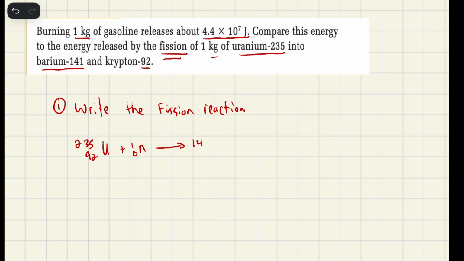And as a result, it produces barium-141 plus krypton-92. And remember that in a fission reaction, it's going to release 3 neutrons. So we put a coefficient of 3 in front of the neutrons here, 3 neutrons for every neutron absorbed.